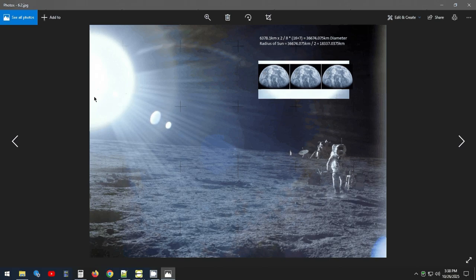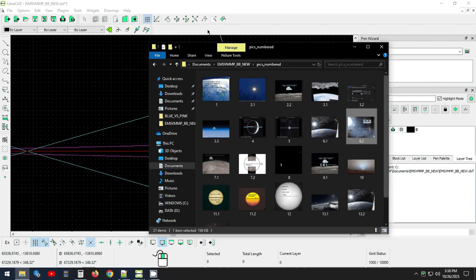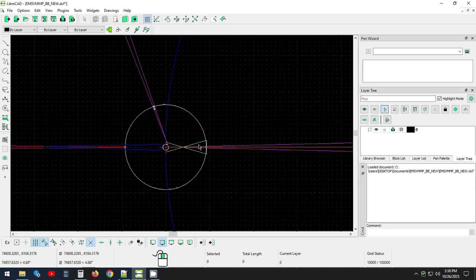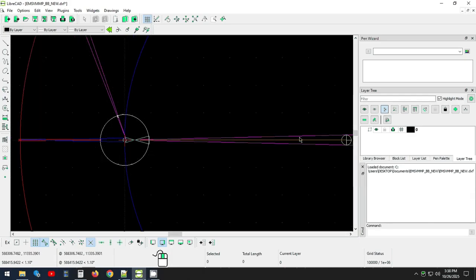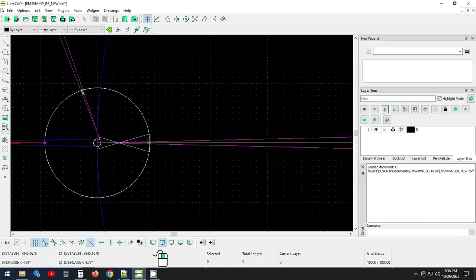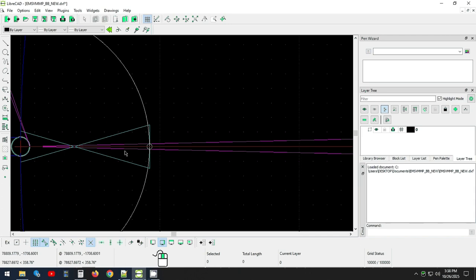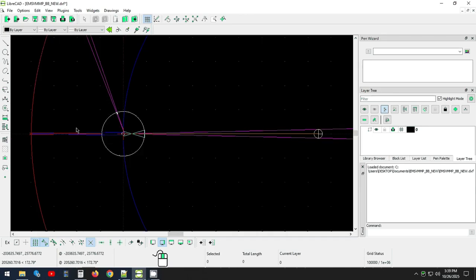But if the Sun is bigger from the Moon, it means that when they took the photo, the Moon was actually in between the Earth and the Sun, which is what made it brighter in the photograph from the Moon than the photograph from Earth orbit. So that proves that the Moon was closer to the Sun than it was. It proves that the Moon was in fact between Earth and the Sun.